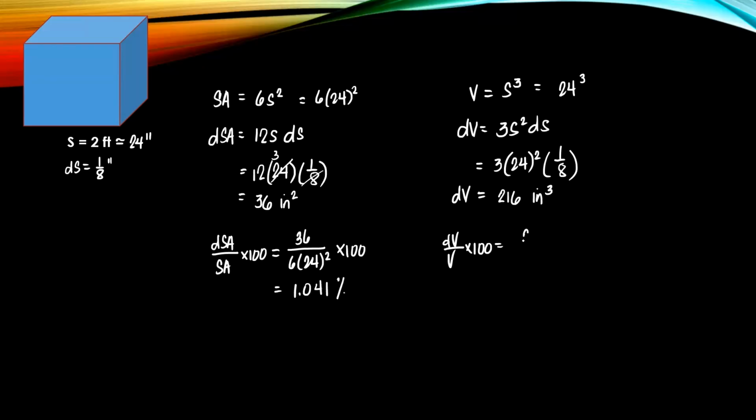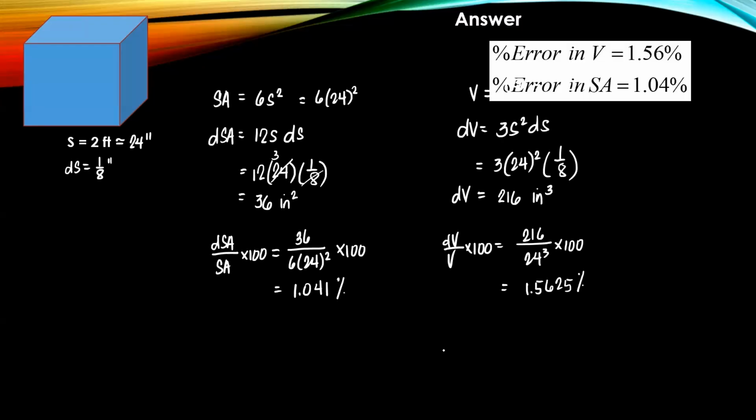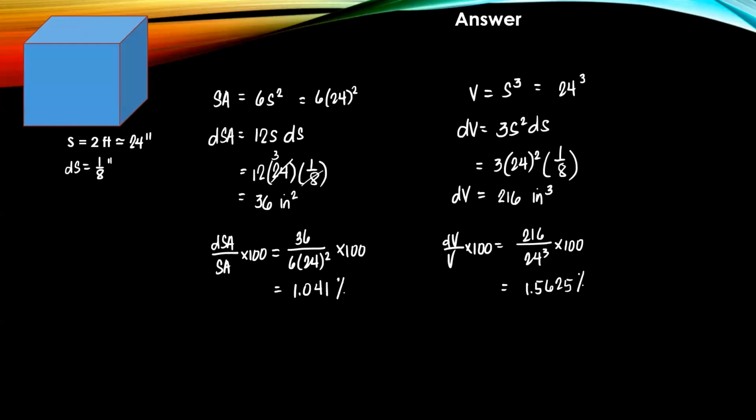The other one is 216 divided by 24 cubed times 100. How much is this? So I think we have the answers. 1.56 and 1.04. Okay.